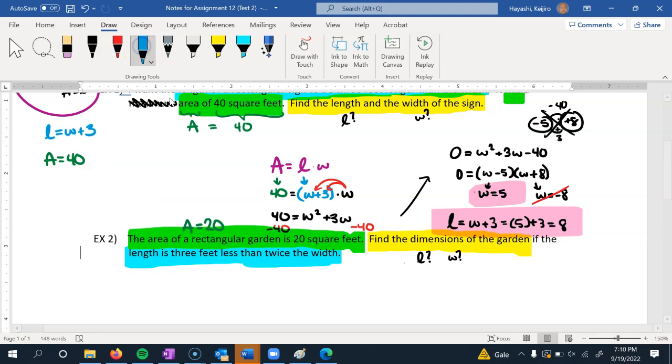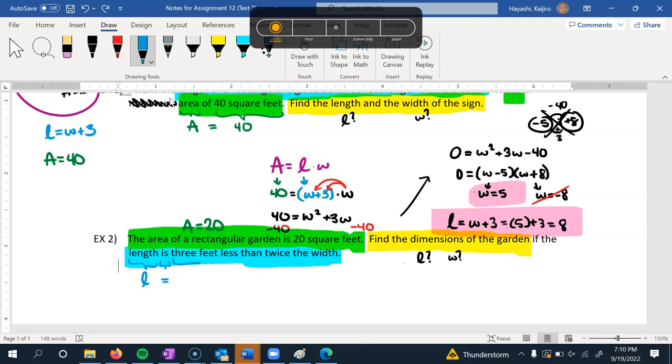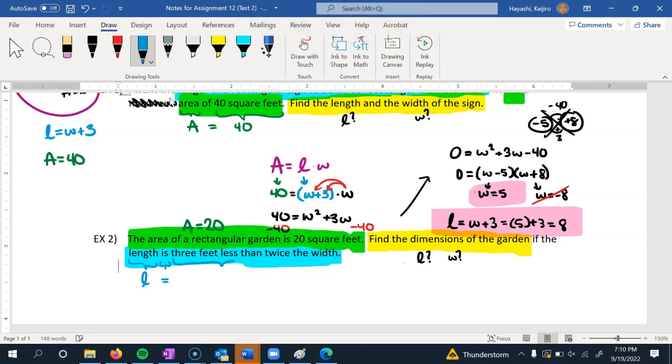Now, the length, since we know that L is going to be one of our variables that we're working with, length is L. What about the word is? Equals. I'm actually going to look at that phrase specifically. 3 feet less than.